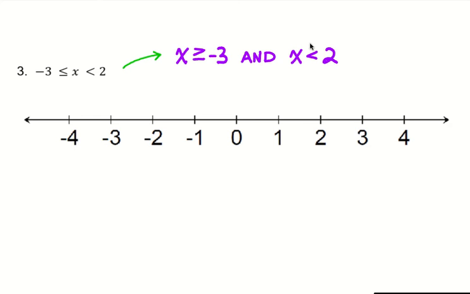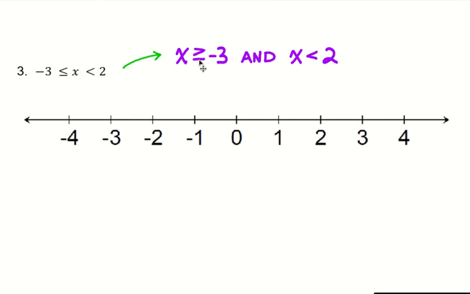And if you think about this together, what's greater than or equal to negative 3, but also less than 2 at the same time? Isn't this just going to be all the numbers in between negative 3 and 2?